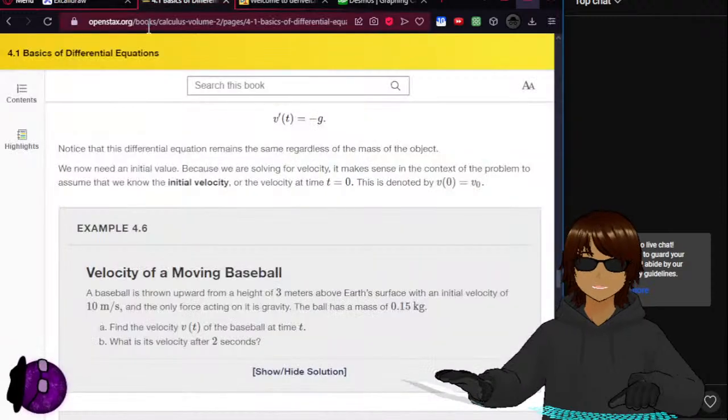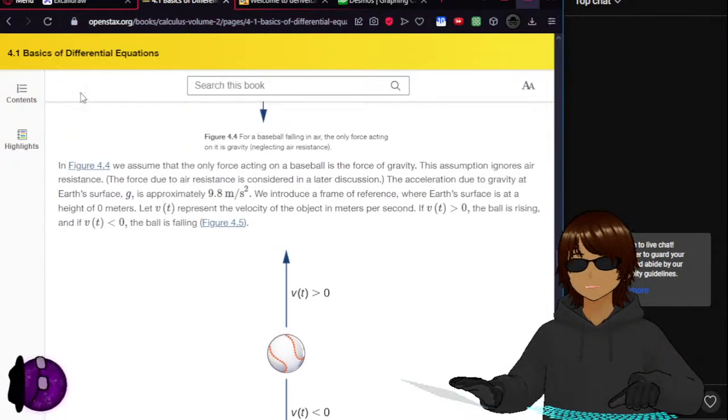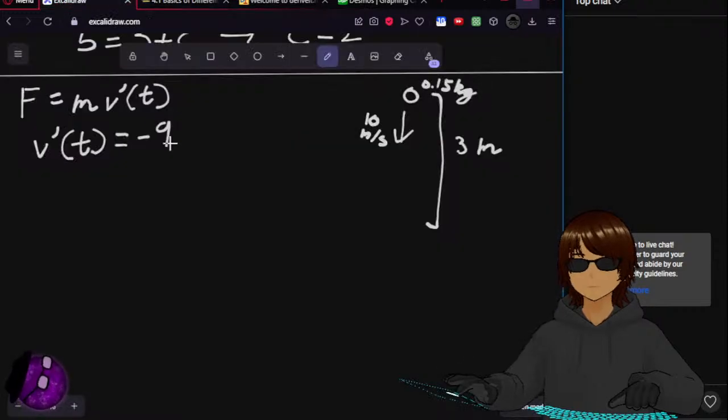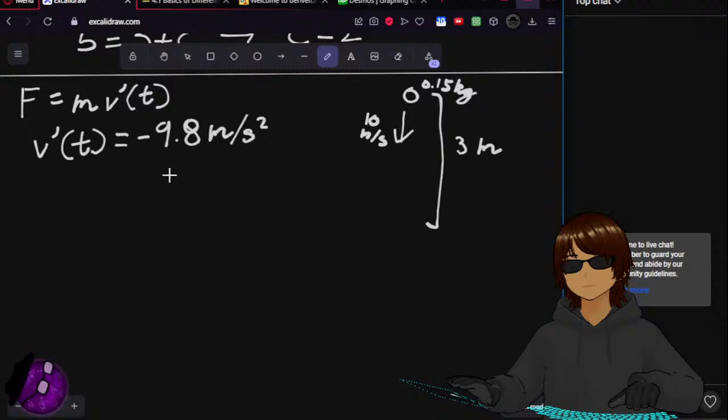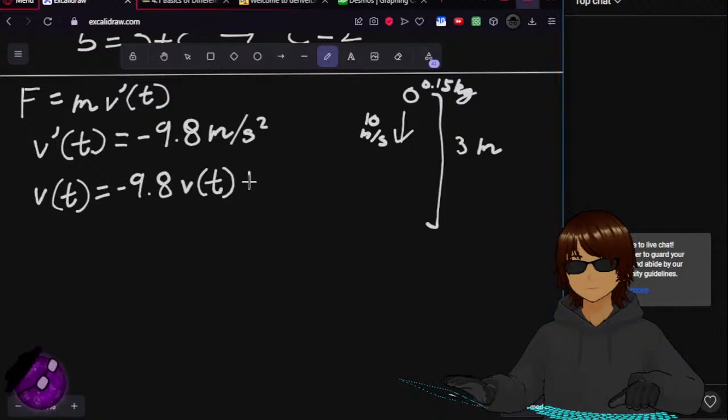It's minus g, which is 9.8 meters per second squared. So then v is minus 9.8t plus c.